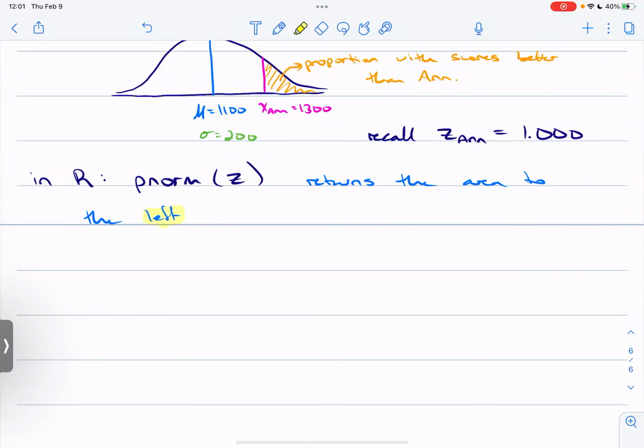And it's really important that you remember that it's to the left. So it'll only give you the area to the left, right? But that's okay. Why? Because we also know that the total area is 1, right? And so we can use that. If I know the area to the left and I know the total area is 1, I'm left with a little puzzle piece there, right? And so it returns the area to the left of Z.